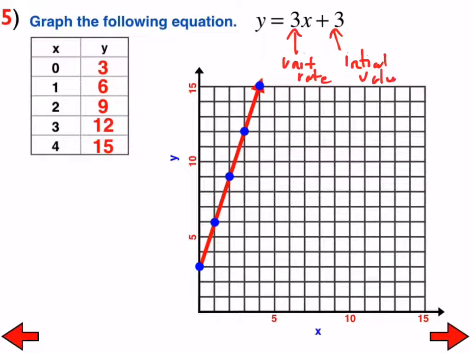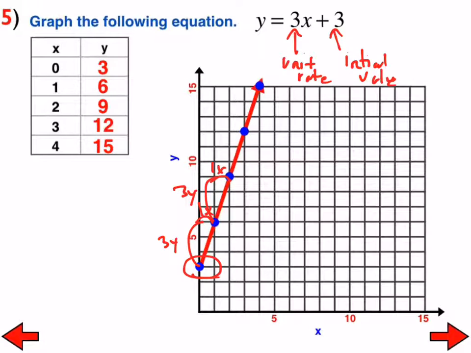And if we look at our graph, here is the initial value, and then on our graph we are increasing 3 in the y direction for every 1 in the x direction. And once again, we could go up the ladder: 3 in the y direction for every 1 in the x direction.